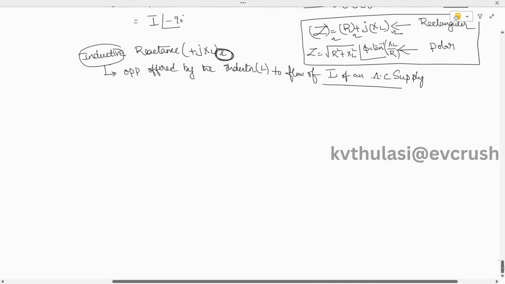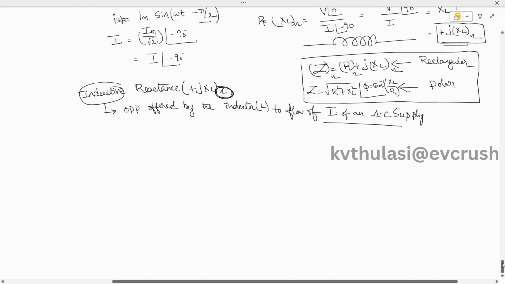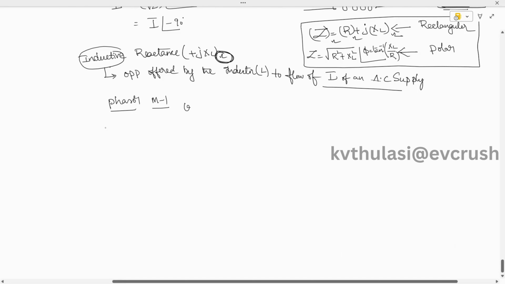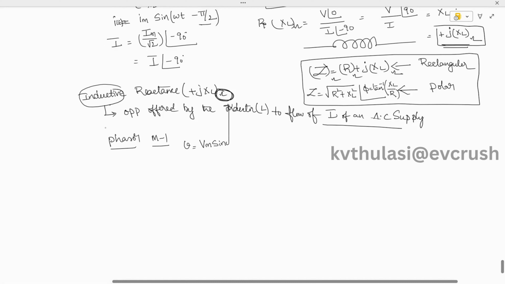Phasor diagrams are very simple. There are two ways of representing the phasor diagram. Let's use method 1, which we have already discussed: V equal to Vm sine omega t and I equal to Im sine omega t minus pi by 2.